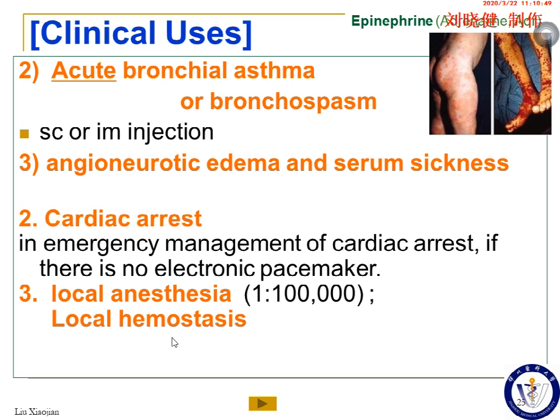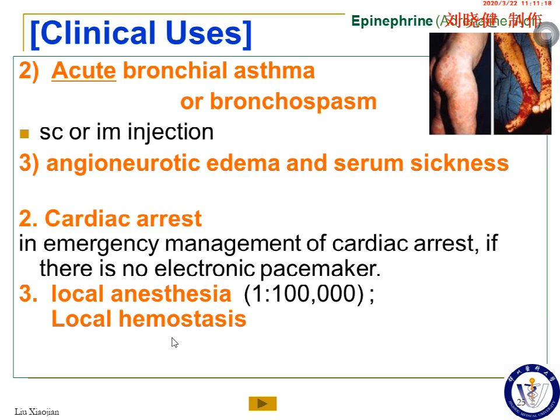The first symptom of this hypertension in this woman was bleeding from the nose. So after that, the doctors used medical gauze dipped with diluted epinephrine to stop bleeding for this patient. Yeah, this is local hemostasis using epinephrine.